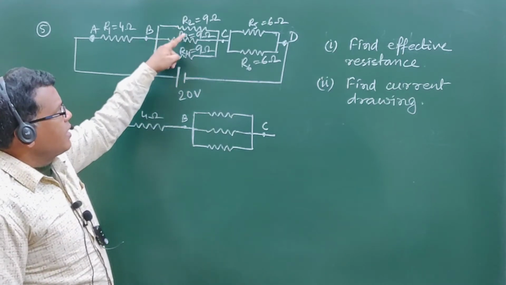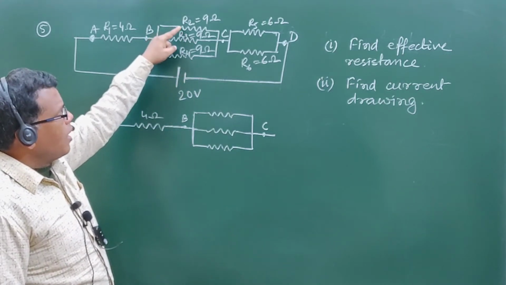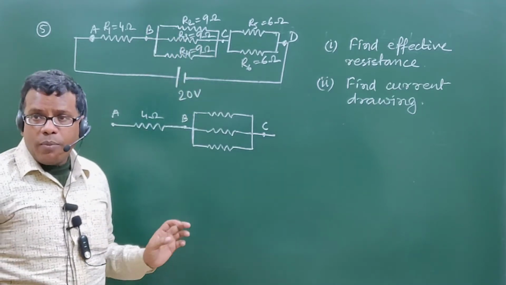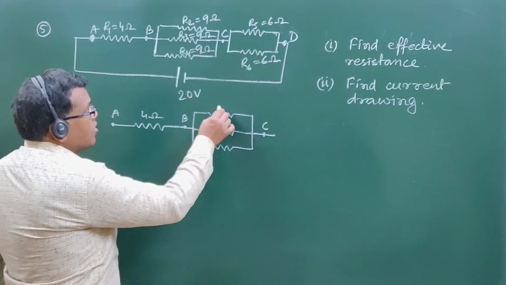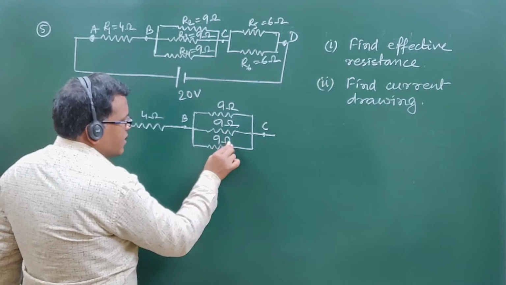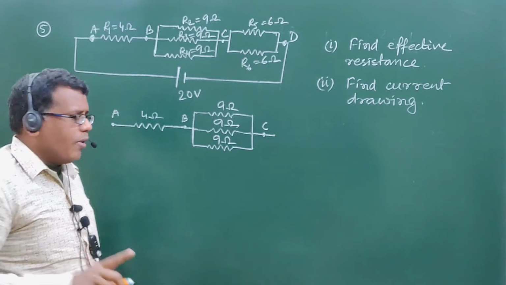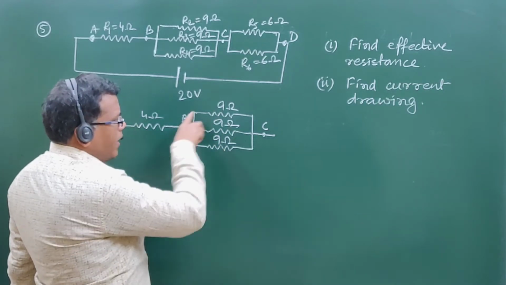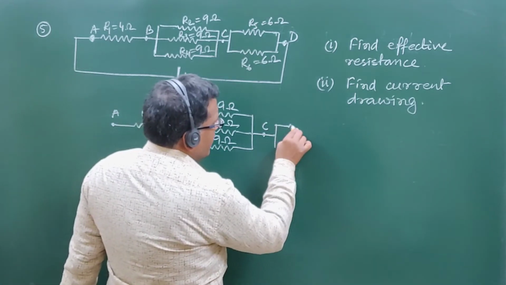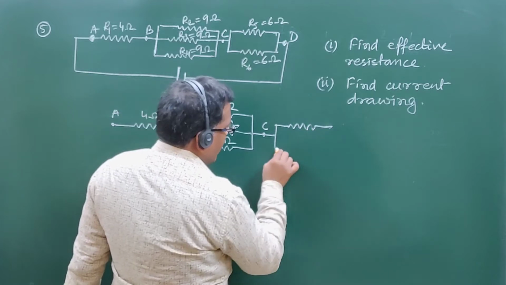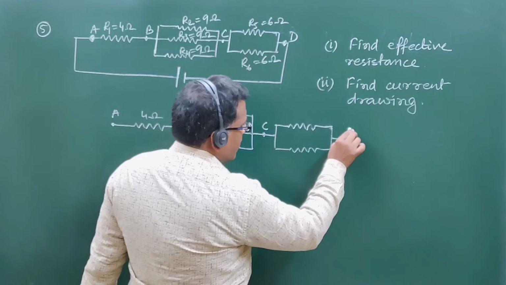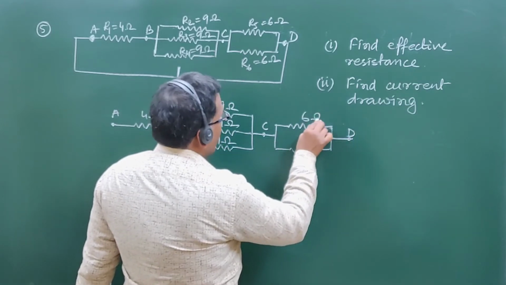As we can see, three resistors, R2, R3, R4, though of the same value, are parallelly connected between B and C. So we must reduce this network of three resistors into a single effective one that can replace them. Similarly, between C and D there are again two resistors, 6 ohm each, parallelly connected.